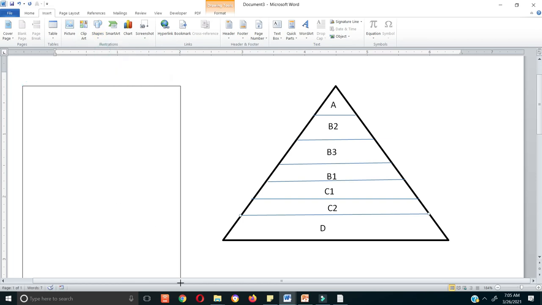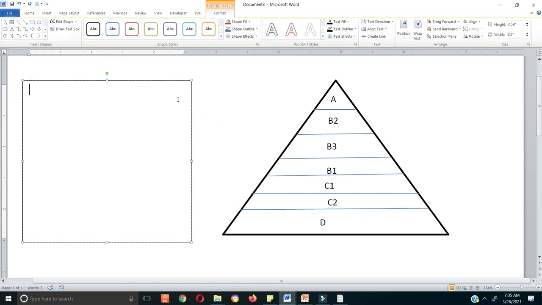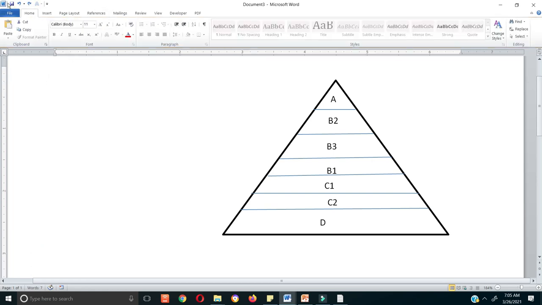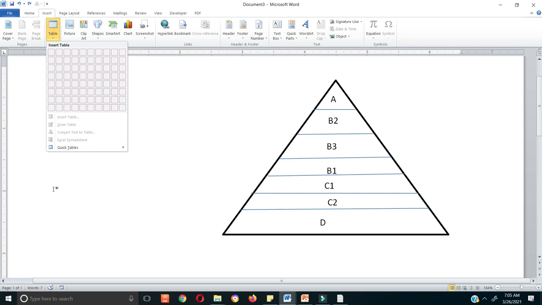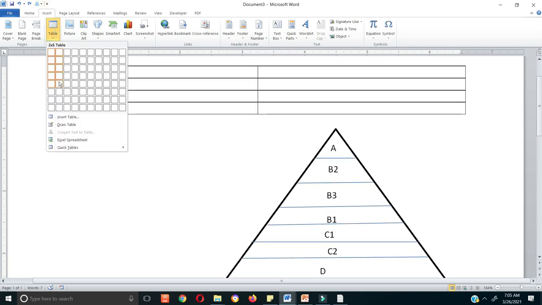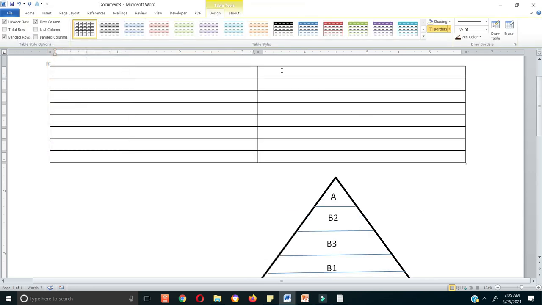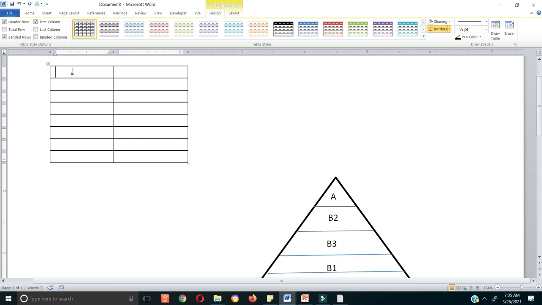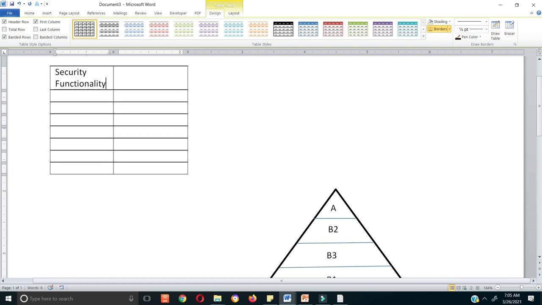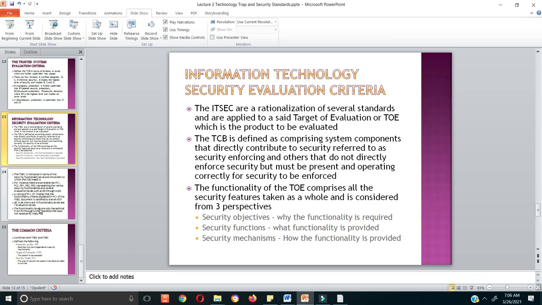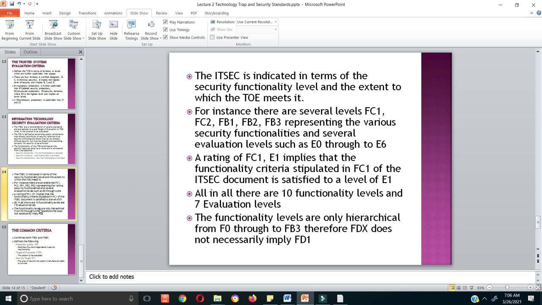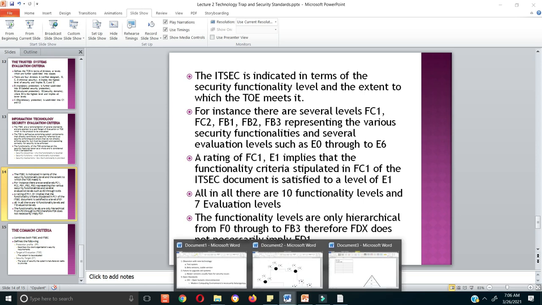So the ITSEC will look something like this. If you are rating your systems, each system is rated according to its security functionality, and then you have the E rating, the evaluation level.